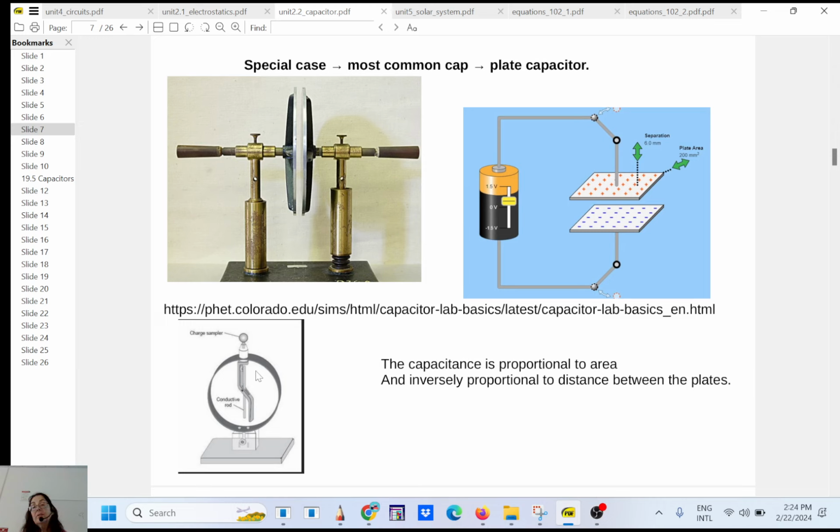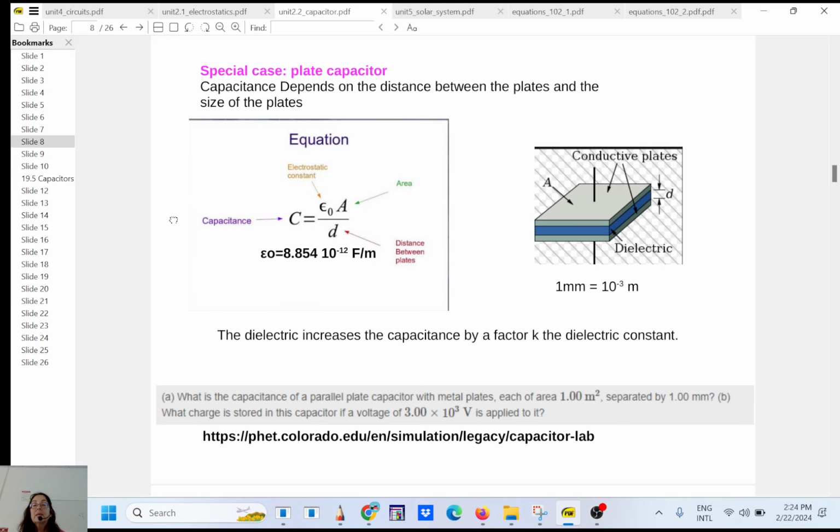So here you can have different geometry. This will be a huge one, just for demonstration. Even this one is also a capacitor because it can hold charge, but not that much. Remember, it's called an electroscope.